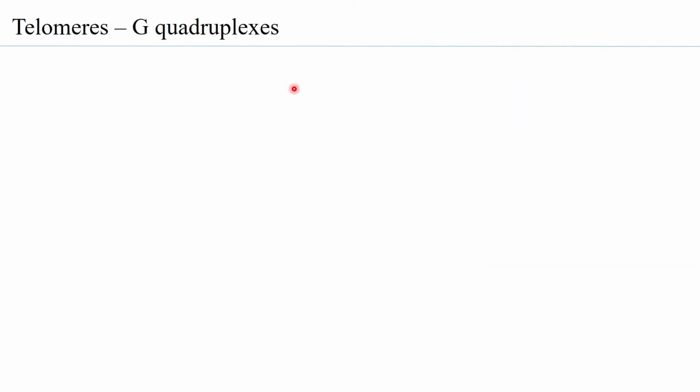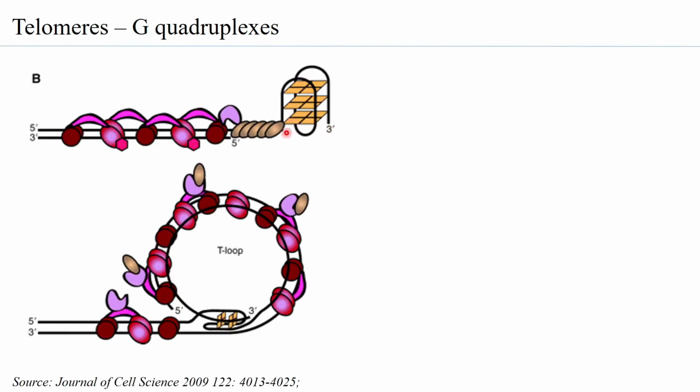Now, many studies have shown that other than just having the overhangs, you can also have G quadruplexes. We all know that G quadruplexes are higher order structures, especially formed by single-stranded DNA and single-stranded RNA. So you can see how the single-stranded DNA, the overhang, can be present as a quadruplex.